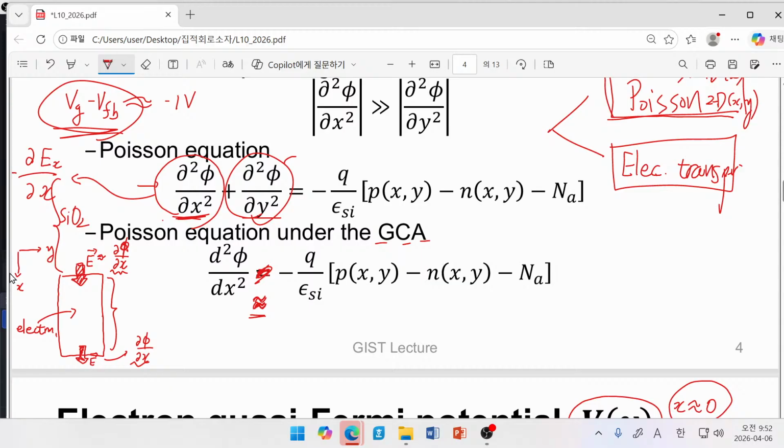Divided by our oxide layer. Yes, it takes some. And the remaining part, the surface potential, is highly concentrated only near the silicon, silicon dioxide interface.